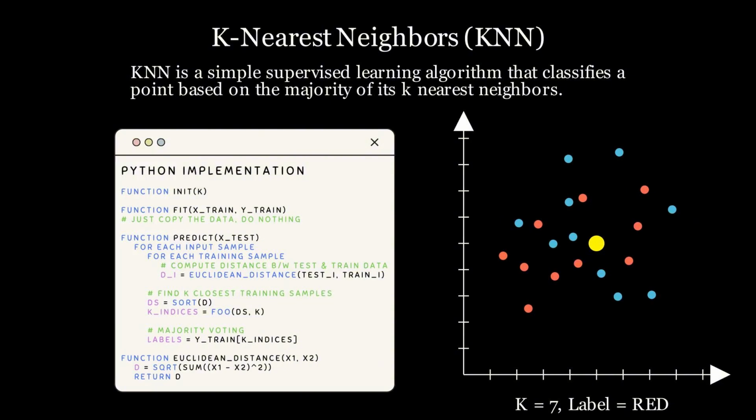Then you sort those distances in ascending order and find the first k indices. According to those indices, you assign a majority label. And down there, you can see that the distance metric we're using right now is Euclidean distance. Let's talk more about these distance metrics next.